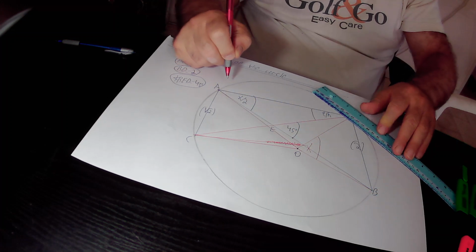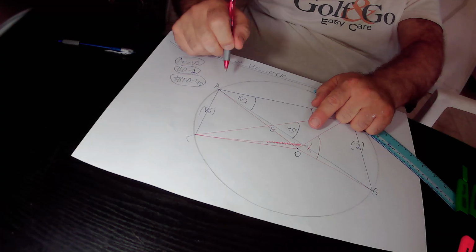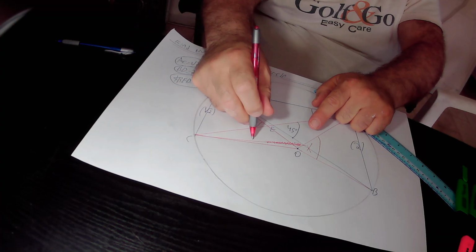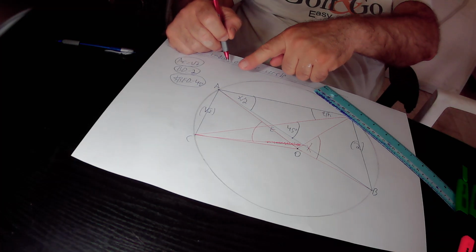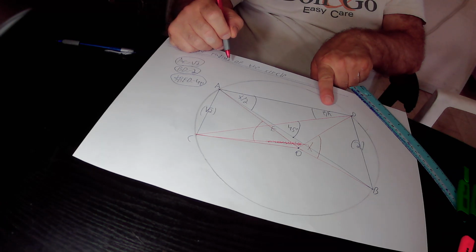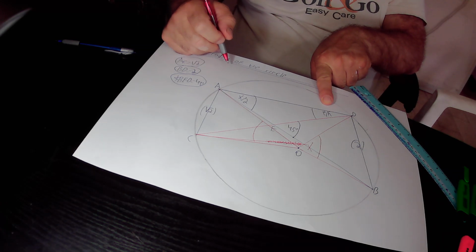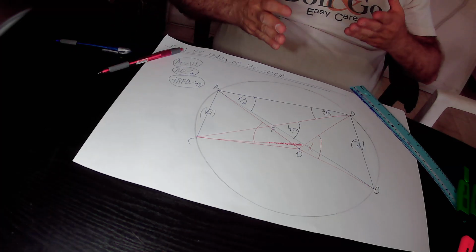By doing this construction, we created the central angle AOC. This is central angle AOC, and this central angle AOC is subtended on chord AC, exactly like this peripheral angle ADC, that is also subtended on the same chord AC. So now we can implement rule 13.